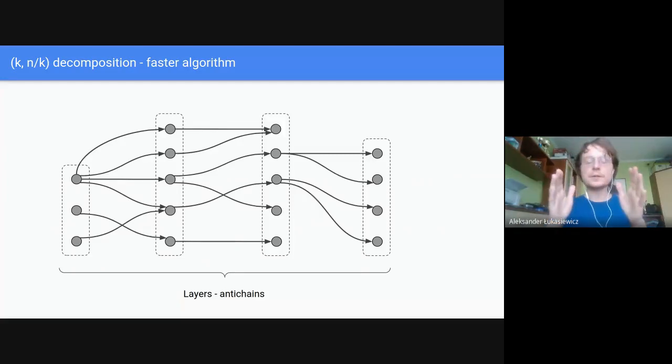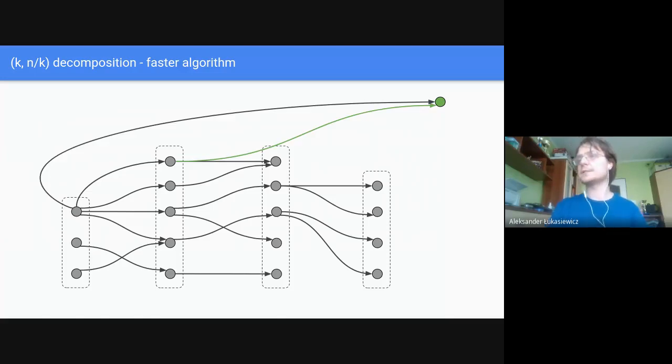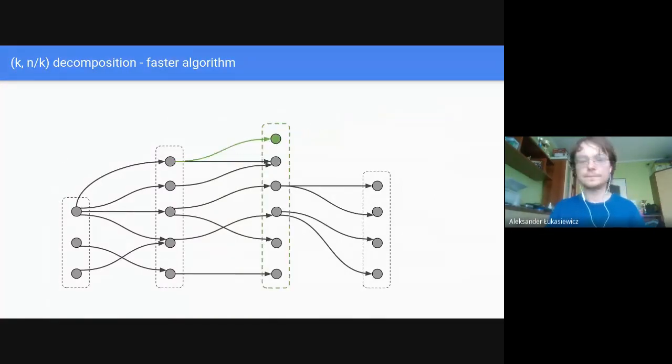So we process our vertices one by one according to our topological ordering, and we build this structure of layers. When we process the next vertex, we try to find the layer that it fits into. We find the rightmost layer where it has an ancestor, and then we add it to the next one.